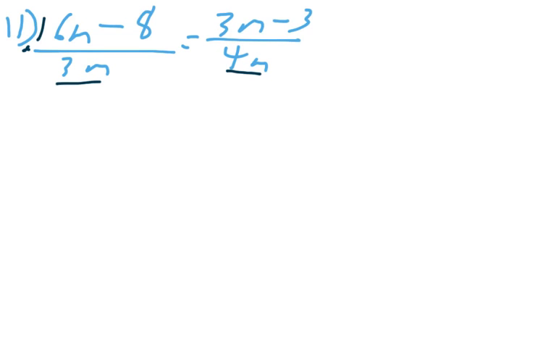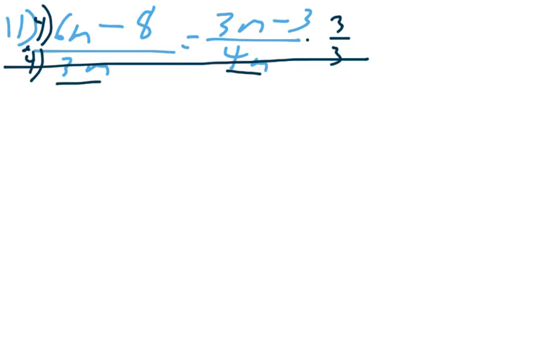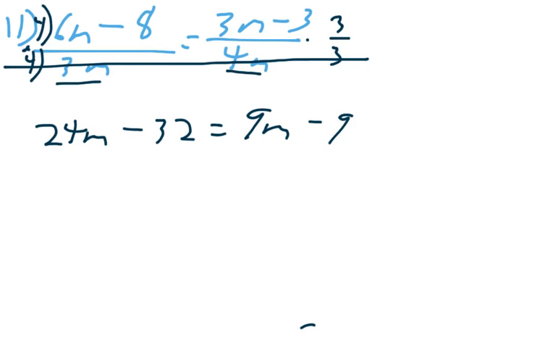So this side is missing a 4, and this side over here is missing the 3. So when both sides have the same denominator, I don't have to worry about it anymore except for when I check my answer. So when I distribute the 4, I got 24m minus 32 equals 9m minus 9.